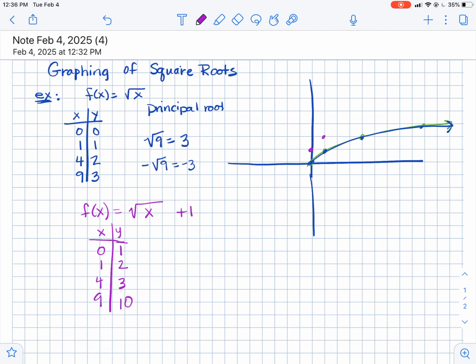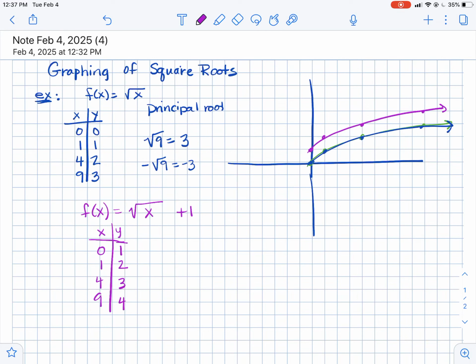I've got 4, 3. And 9, 4. Here is my curve.